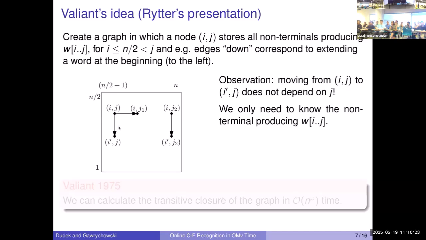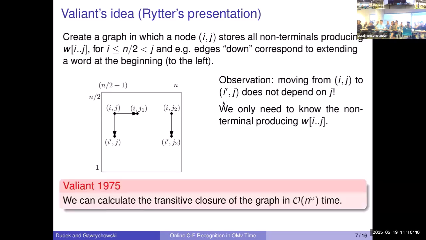And what's useful here, remembering the definition of how these production rules can be applied, is that when we move from ij to i prime j, so we extend to the left, we do not care what the right endpoint is, because we only need to know which non-terminal produces the index. We don't care about the endpoint itself.